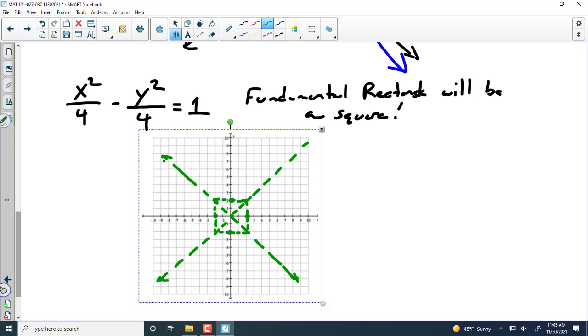Don't look at that picture to try and figure out which way this one opens. Does this open left and right or up and down? How does this one open? This one's got to be left and right. It's not the picture that tells you that. Since x squared over 4 was first, or positive, is actually more important, this one opens left and right.